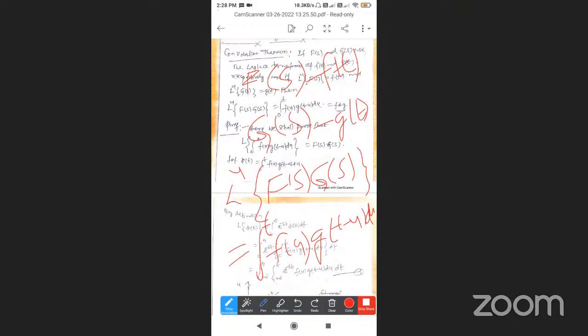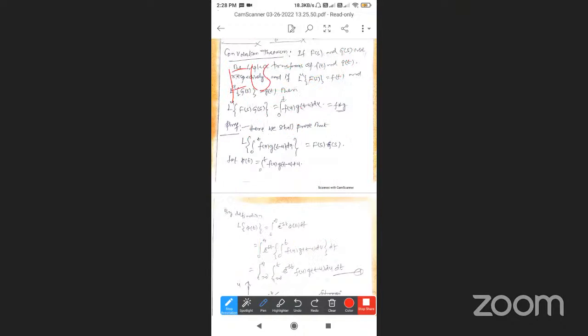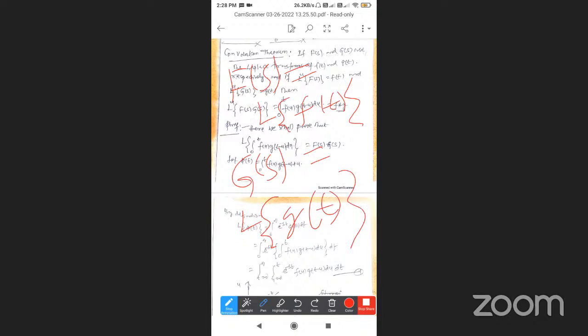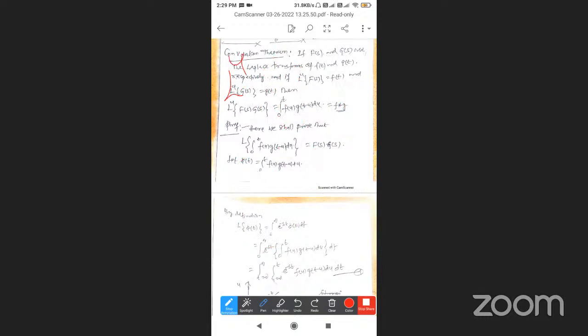F of s is the Laplace transform of f of t, and this is denoted by G of s, the Laplace transform of g of t. Symbolically, the inverse Laplace transform of F of s into G of s is equal to the integral from 0 to t of f of u into g of t minus u du.